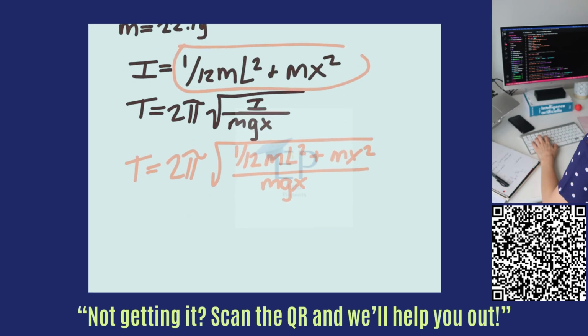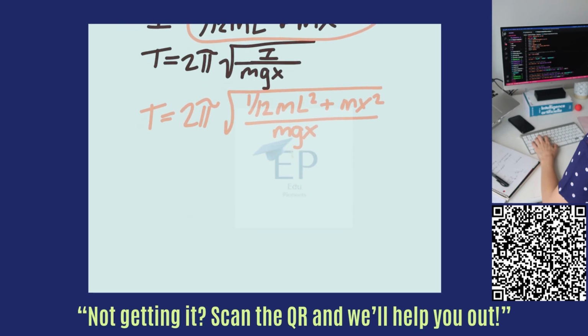And simplifying that, we end up with 2 pi times the square root of (L squared plus 12x squared) divided by 12gx.